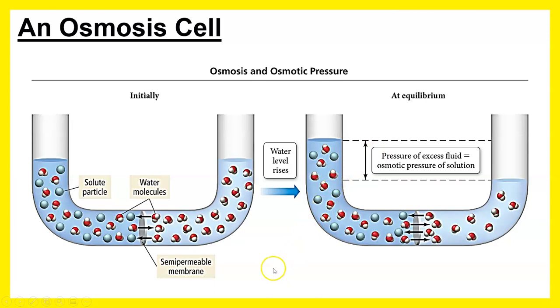So you can see here, on the right, this is less concentrated than the left. So water will try to get through this side, and the water line would go up. If you want to apply pressure here to cram it back to the other side, that would be the osmotic pressure.